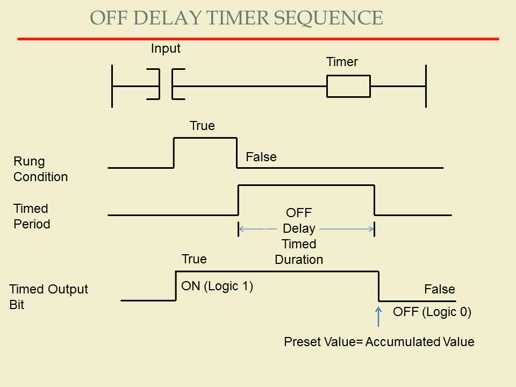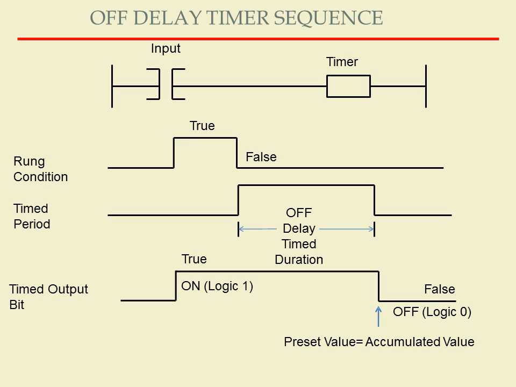Now see about the timed output bit. Whenever the rung condition is false, time period is also 0, then timed output bit is also 0. When rung condition becomes true, listen carefully, even if time period is 0, the timed output bit will be 1 or true.